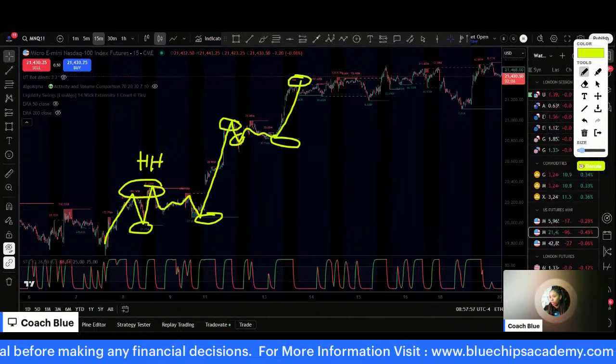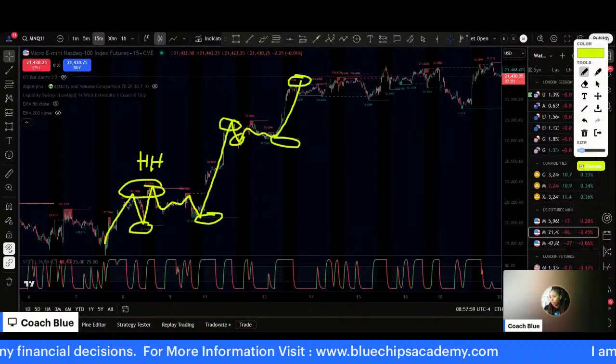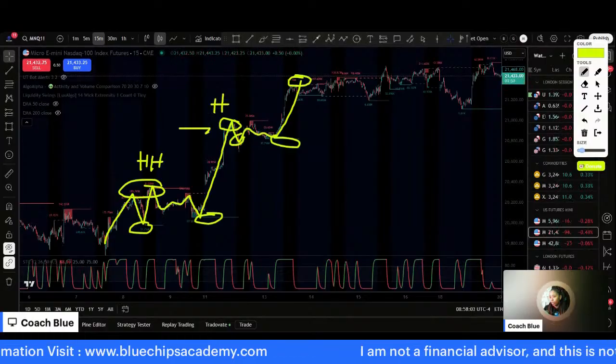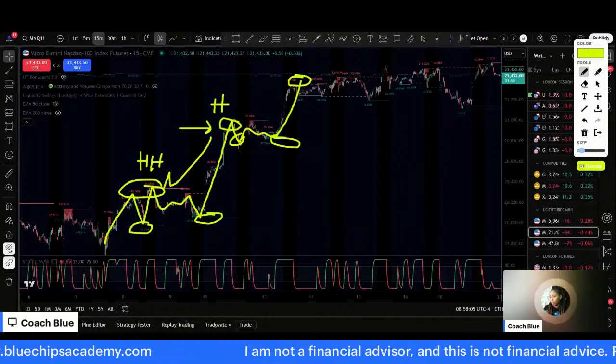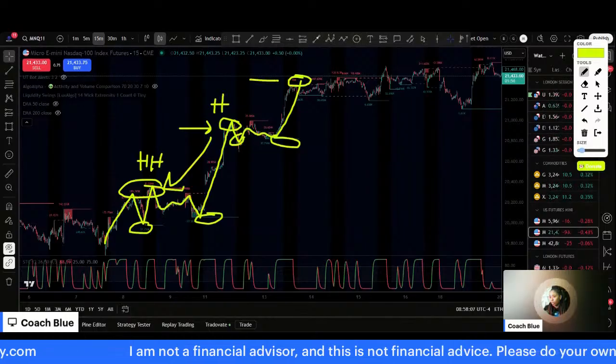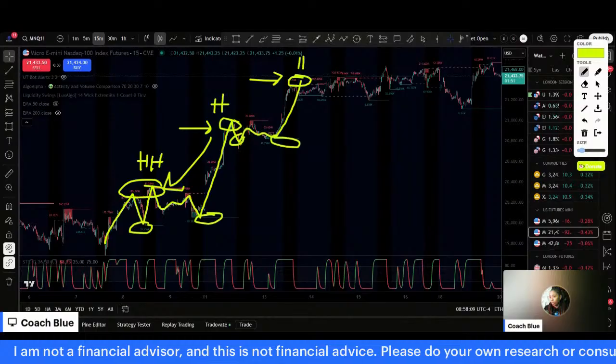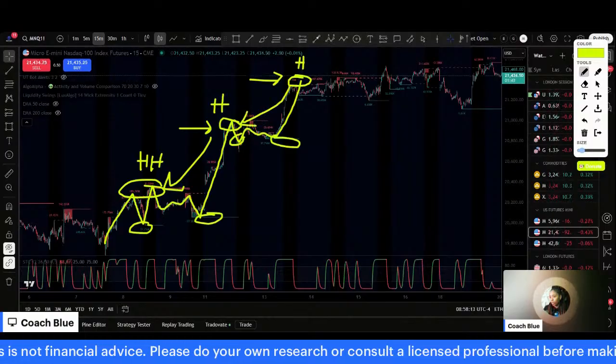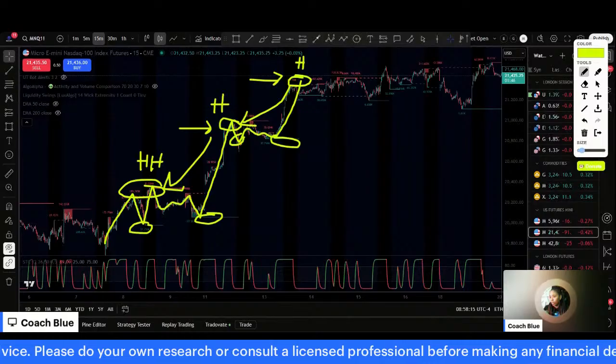So that means that this high right here is higher than this high. This high is higher than this high. So every single time it makes a pivot, it gets higher.